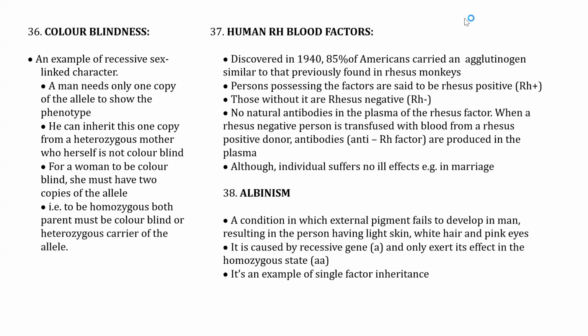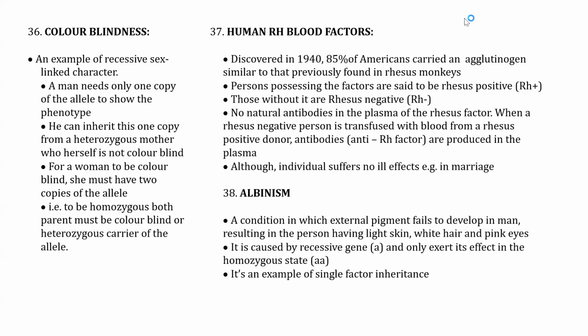So when a rhesus negative person is transfused with blood from a rhesus positive, a rhesus positive person that doesn't have antibodies, you now give their blood to a rhesus negative person. The rhesus negative person has natural antibodies.